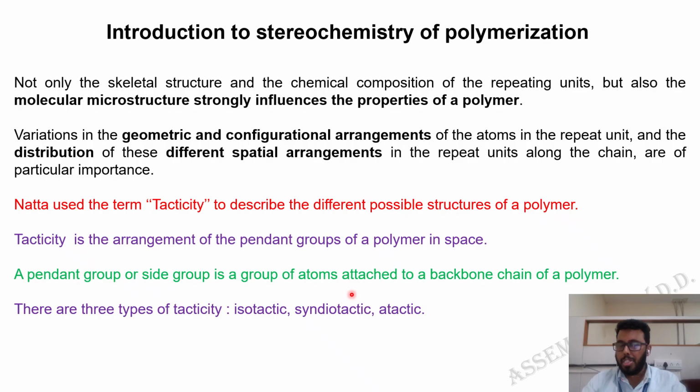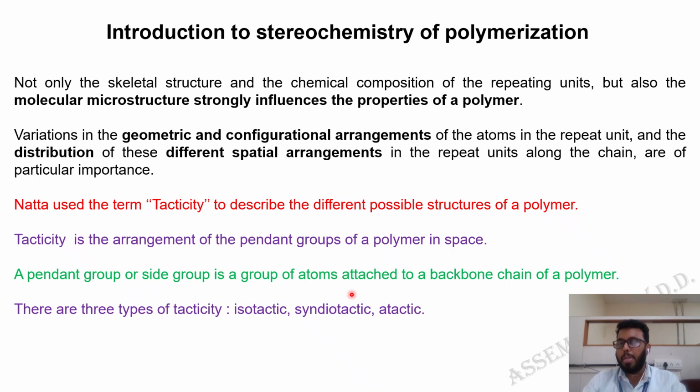Okay, who first introduced the term tacticity? Natta was the first to use the term tacticity to describe possibly different structures of a polymer. Tacticity is nothing but the arrangement of pendant groups of a polymer in space.